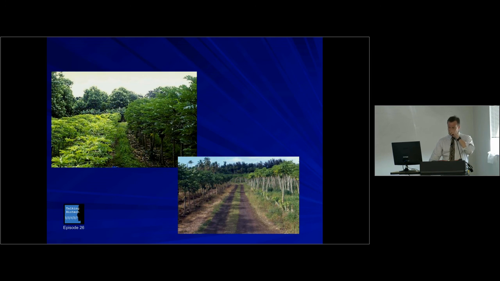And when you looked at trees in Hawaii, you would see the difference. So the ones on the left on the top panel are not protected, whereas the ones on the right are genetically engineered to resist the virus. On the bottom, you see the opposite, that you can tell they're resistant from the non-resistant trees. And this is the first time I've really discussed the podcast called Talking Biotech, where in episode, I think 26, the scientist that created the transgenic papaya was interviewed, and it was a beautiful discussion.